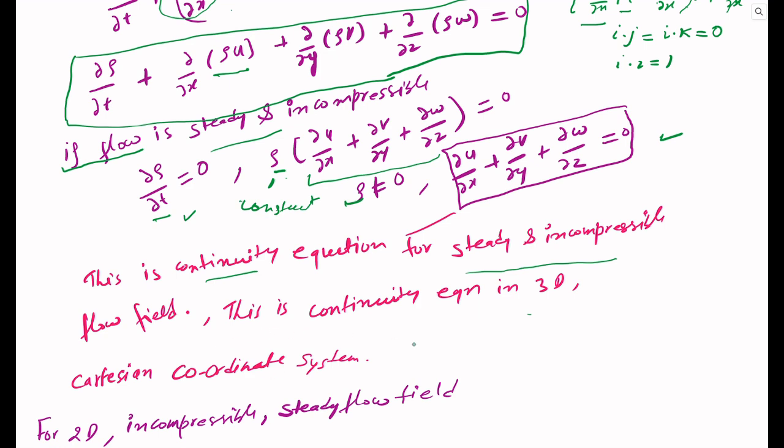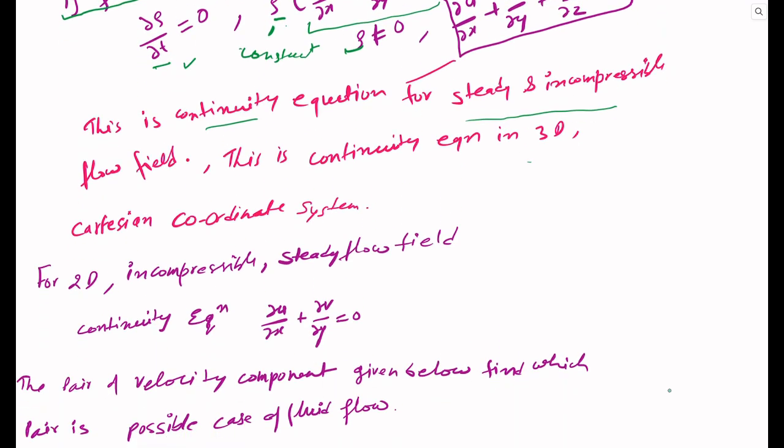For a 2D incompressible and steady flow field, the w term is 0, so del w by del z is 0. So we get the continuity equation for 2D.